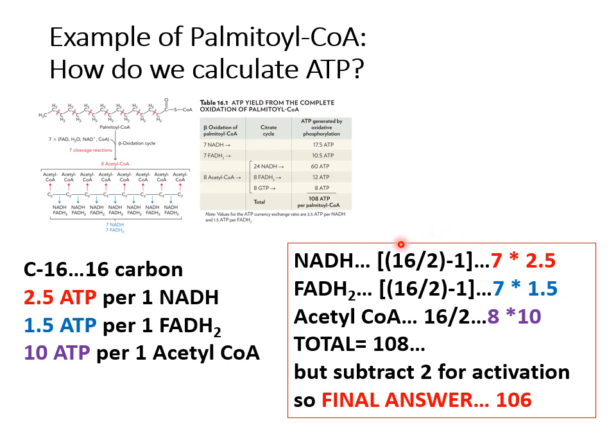So 16 divided by 2 minus 1, that gives us 7. So we'd get 7 NADH. And then if we want to know how much ATP that would give us, well, we have 7 NADH, and for each one, we get 2.5. So 7 times 2.5 tells us how much ATP we would get from the NADH that we just made.